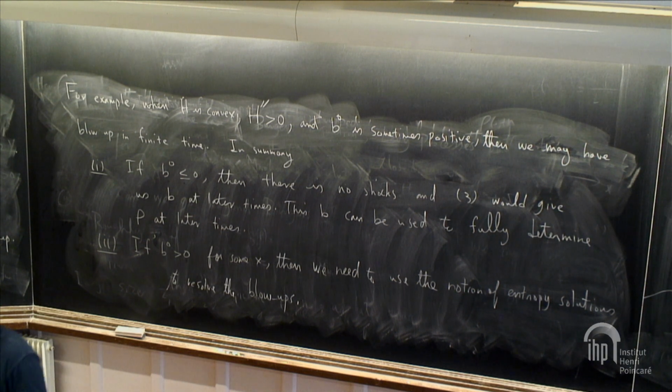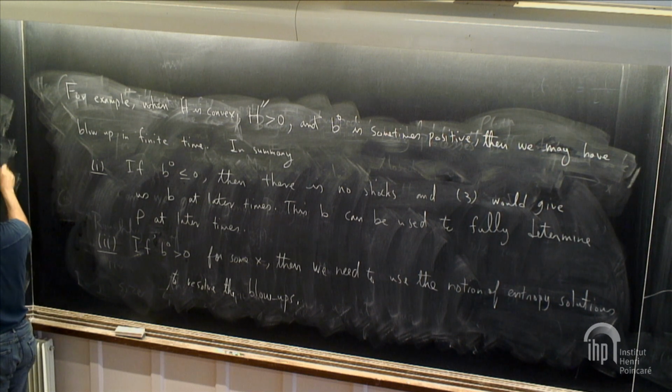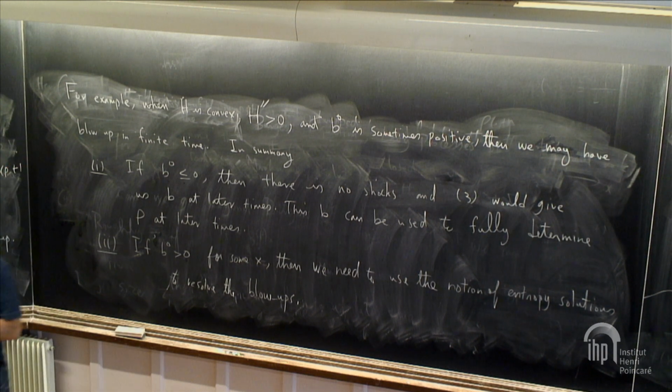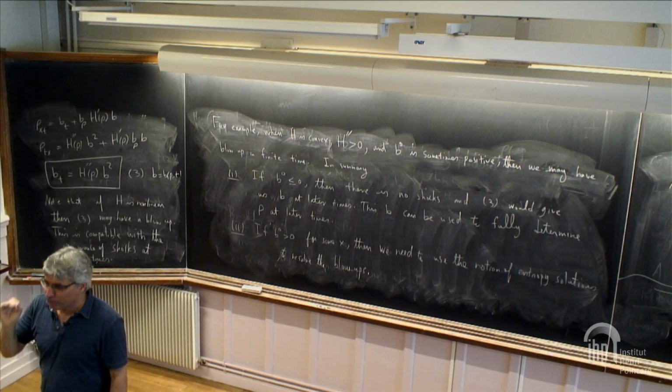No. This is a function of, so B here is B of rho and t. Rho is the argument, the dummy variable in this problem. You give me h, which is the flux, differentiated. Then I have the second derivative of h. You see, I'm solving this ODE as a function of rho and t.